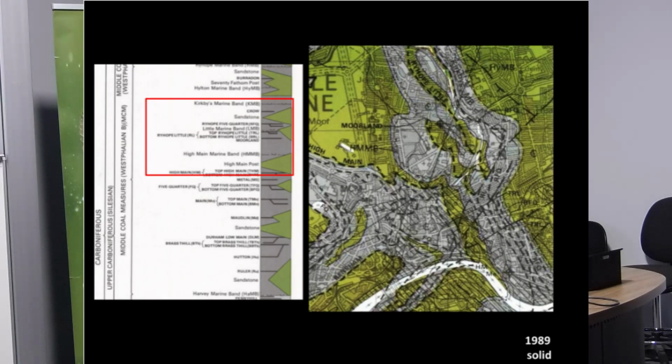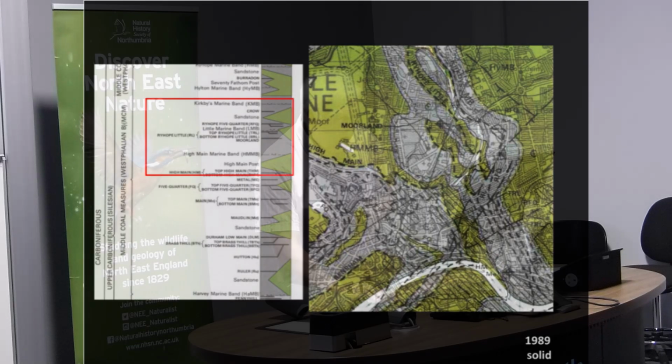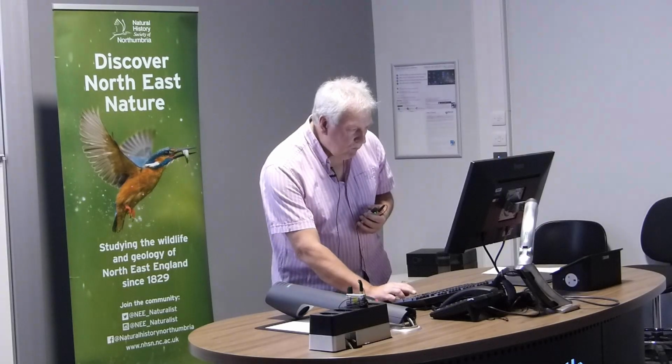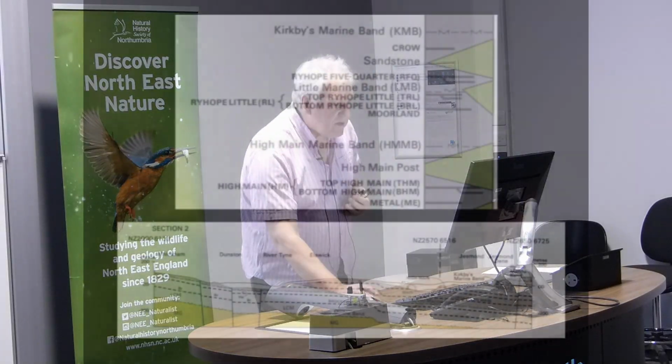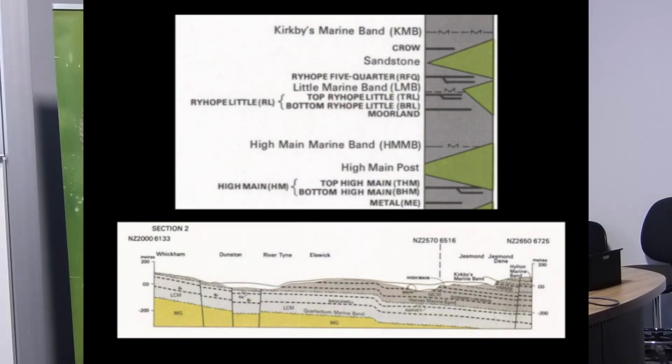Working from the deepest, the oldest, down the bottom up to the youngest at the top. This is just showing you that vertical section along that line. And conveniently the section goes through Jesmond Dene, so you've got Jesmond Dene here.